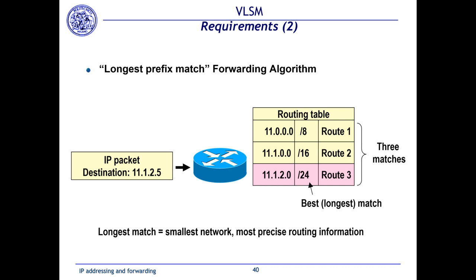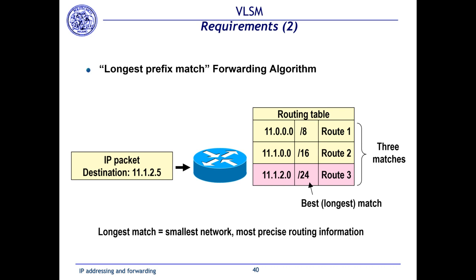If you are adopting the longest prefix matching algorithm, the final decision will be to send the packet towards the network that matches the destination address, but that matches for the longest number of bits. So it means to send the packet to the matching network that is the smallest possible.